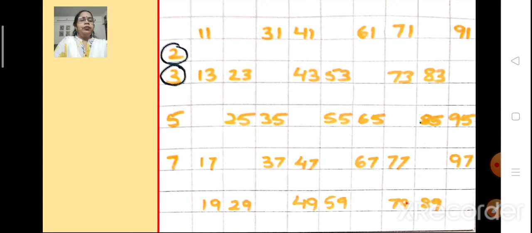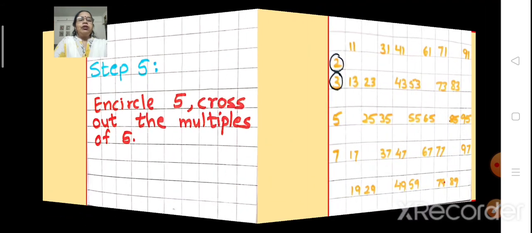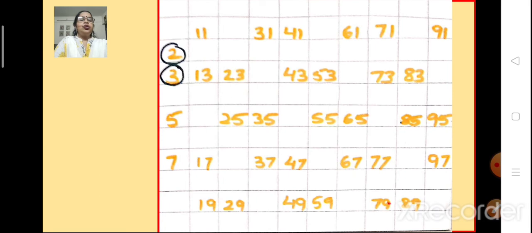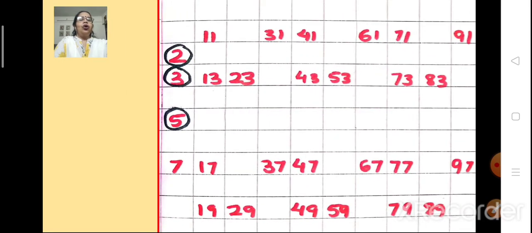We have removed them. Now in step 5, we encircle 5. 5 is a prime number. It has only 2 factors. So we will encircle 5 and cross out all the multiples of 5.